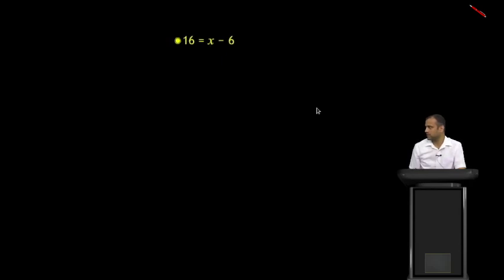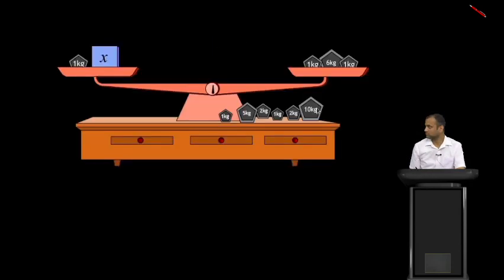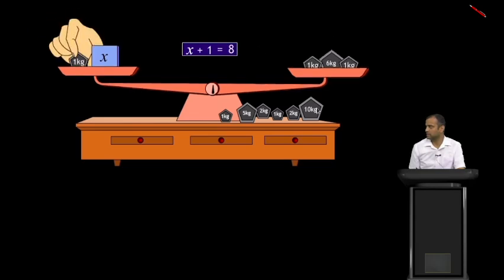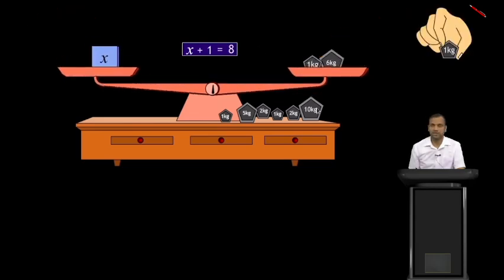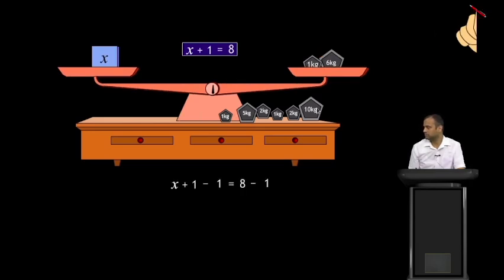So in this equation we can add 6 both sides. In this equation, tell me what we have to add both sides. Very good, we have to add 10 both sides. Now this is the equation, and if we remove same amount, for example we remove 1 from both sides, we get the equal quantity.